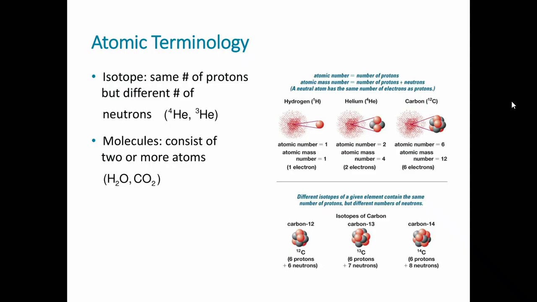You can't change the number of protons. If you did that, you would be changing the element itself. So adding a neutron to carbon just gives you a different isotope, but if you added a proton to carbon, you would get nitrogen. So those elements that have different mass numbers, but it's the same element, are isotopes of each other.